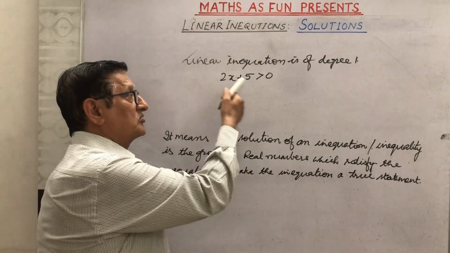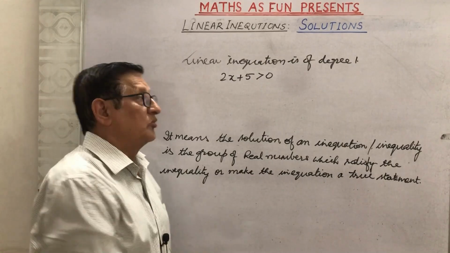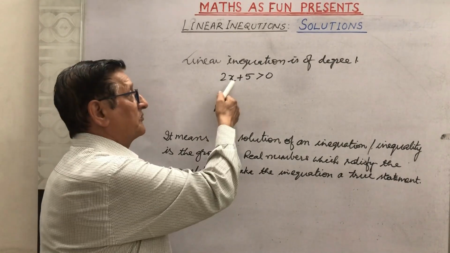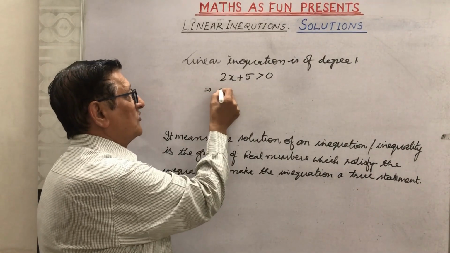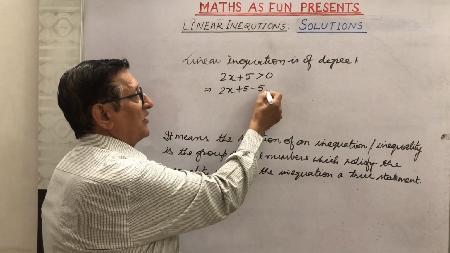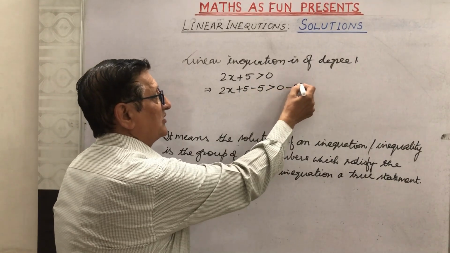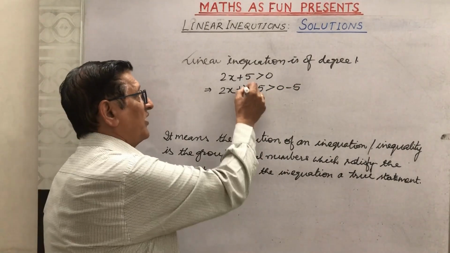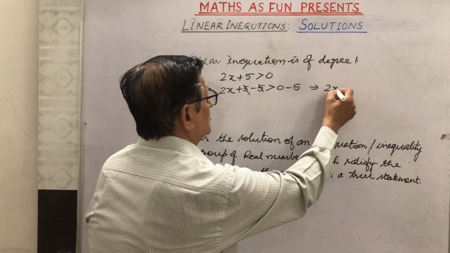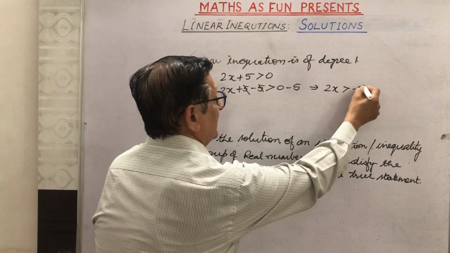We will use the transposition. To eliminate this 5 from the left hand side, we will subtract 5 from both sides. We get 2x plus 5 minus 5 is greater than 0 minus 5. This 5 cancels this minus 5, and hence we get 2x is greater than minus 5.